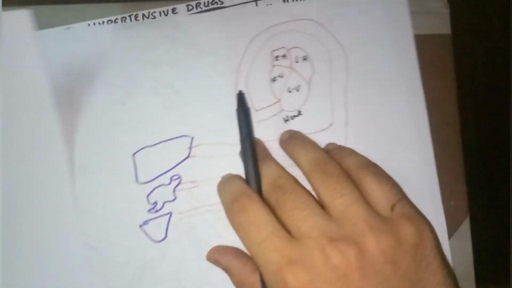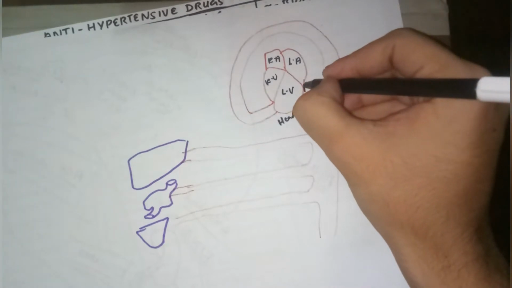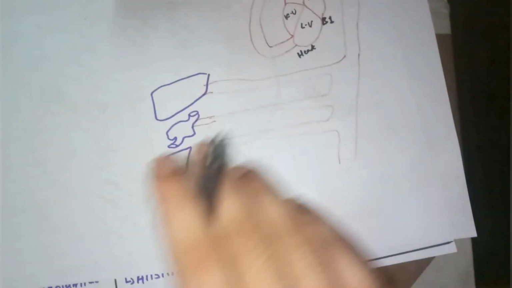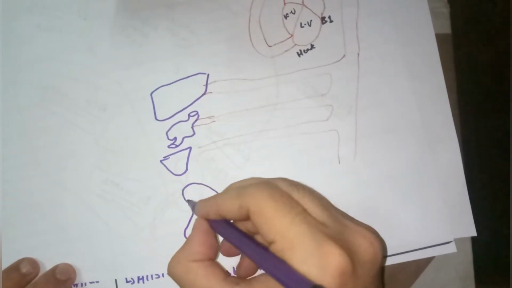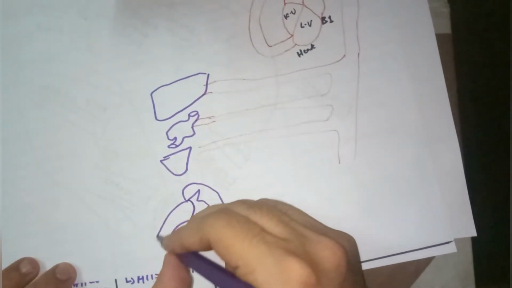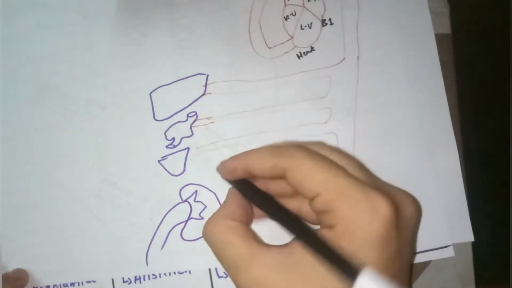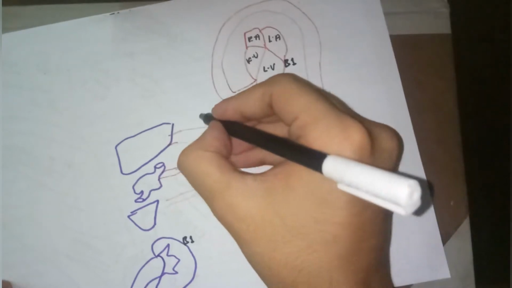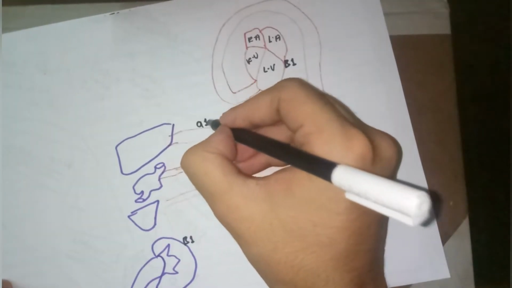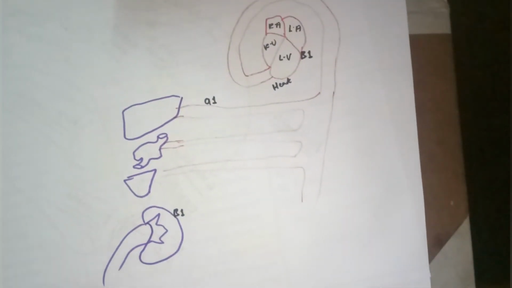So here is the heart and beta 1 is present here, and here is our kidney. Which receptor is present here? Also beta 1. And what is present on the arterioles? Alpha 1. These are the receptors which are present here.